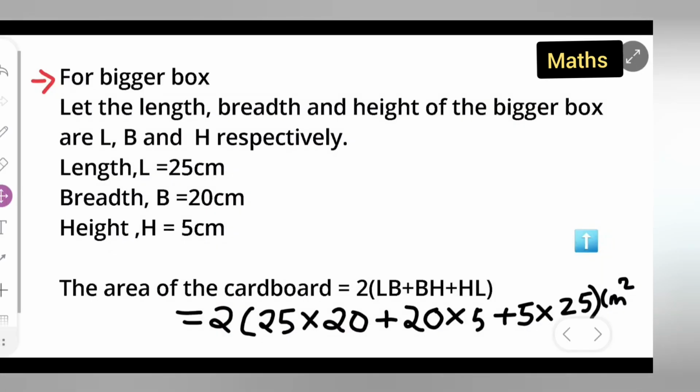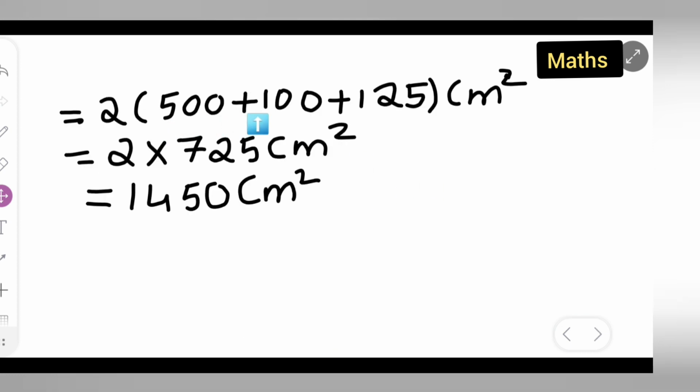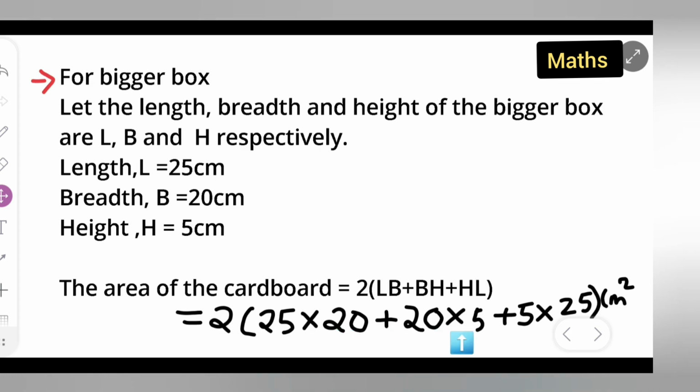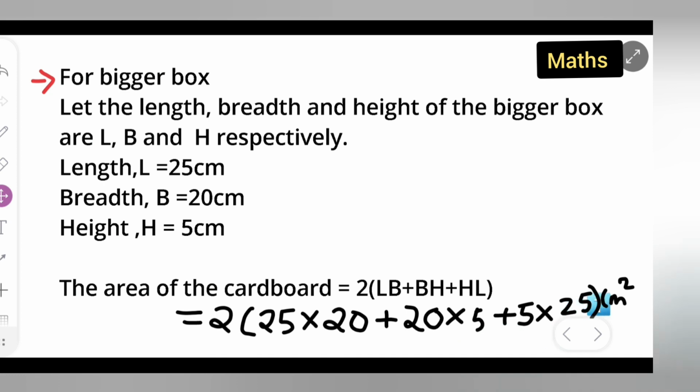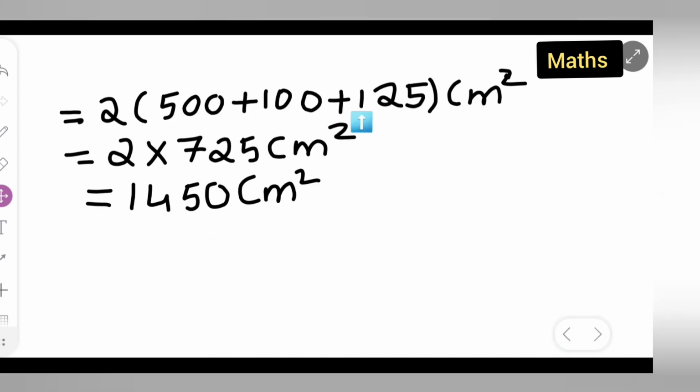Adding 500 plus 100 plus 125 will give you 725. 2 multiplied by 725 will give you 1450 centimeter square.